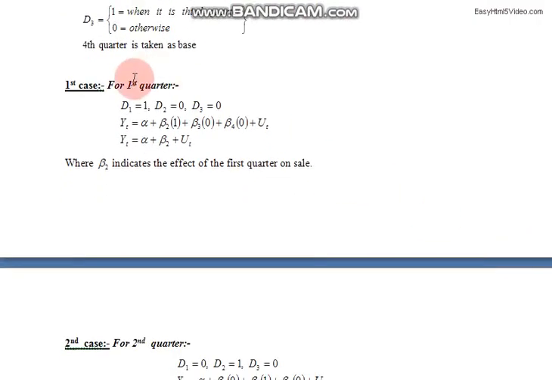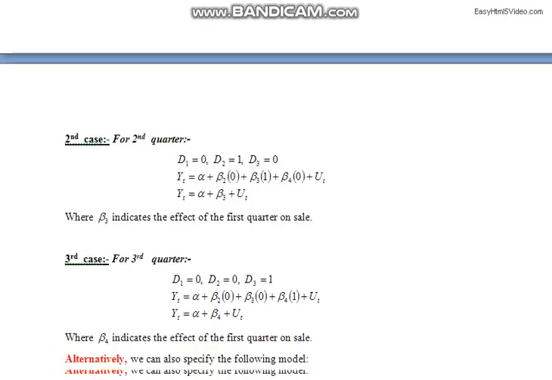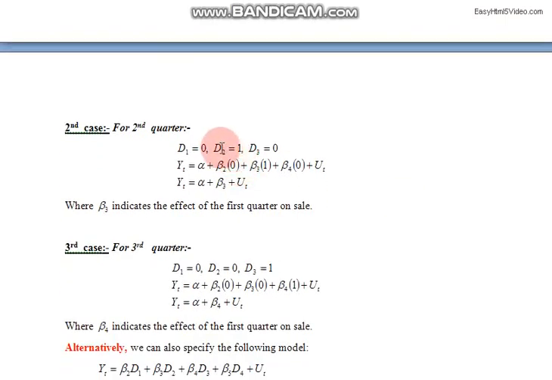So there are 4 cases. In case 1, the first quarter, D1 is equal to 1 and D2 and D3 are equal to 0. So the model will be Yt equals alpha plus beta 2 plus Ut. In the case of the second quarter, the variable D2 will have value 1 and D1 and D3 will be equal to 0.